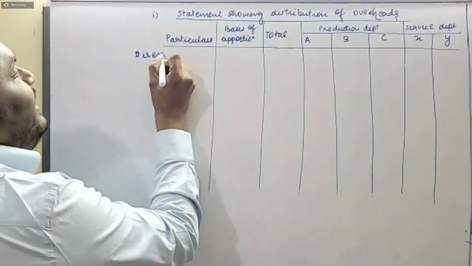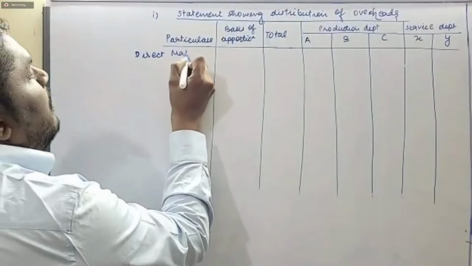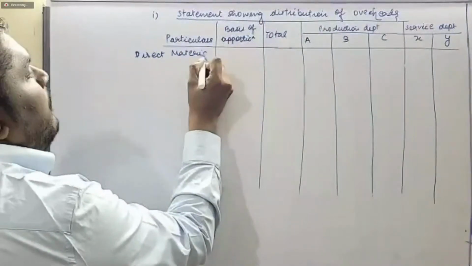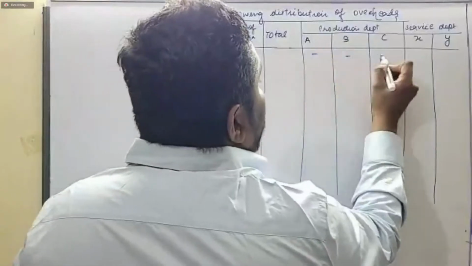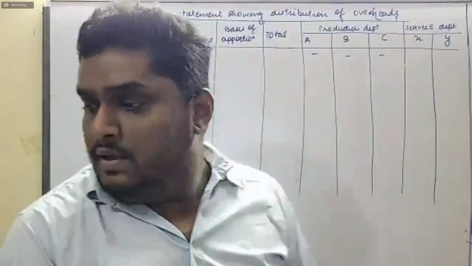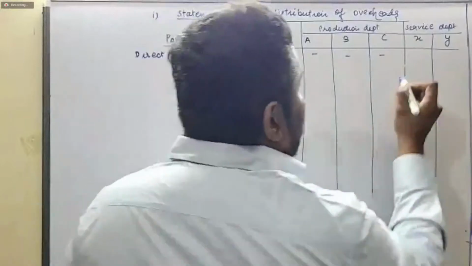So herein, this is a statement of distribution of overhead. So we'll take the direct material of the service departments only. That is, it is 2 lakh and 1 lakh.